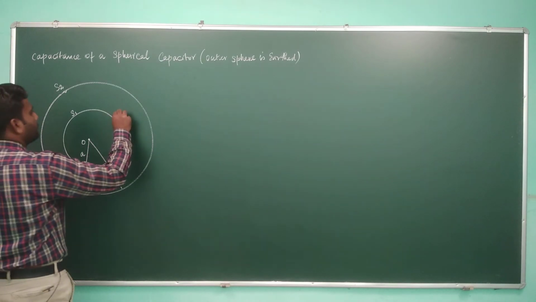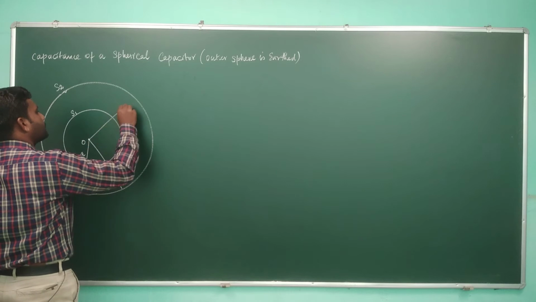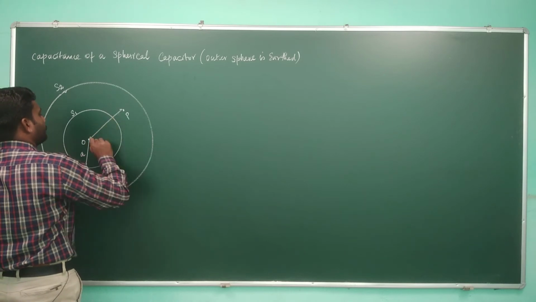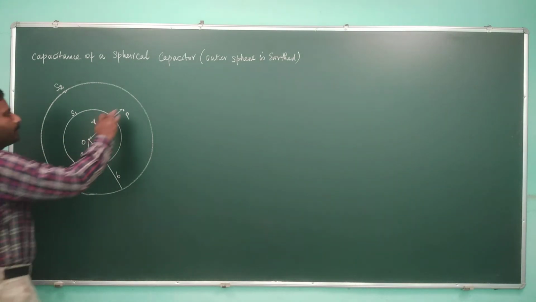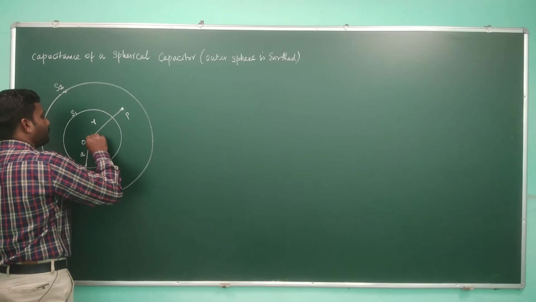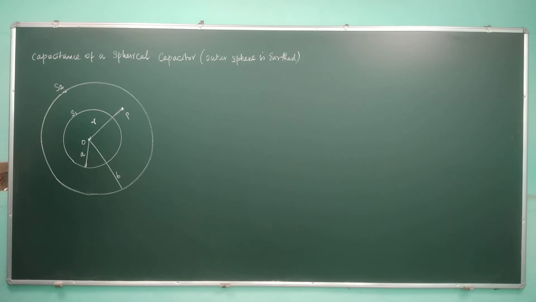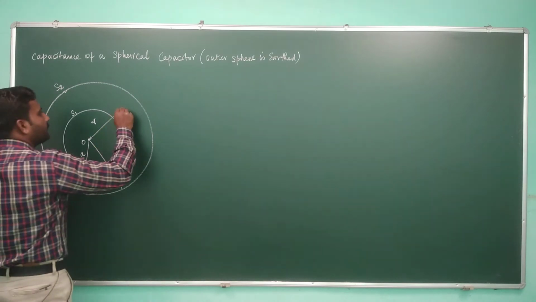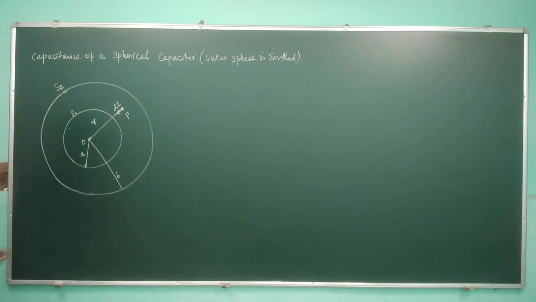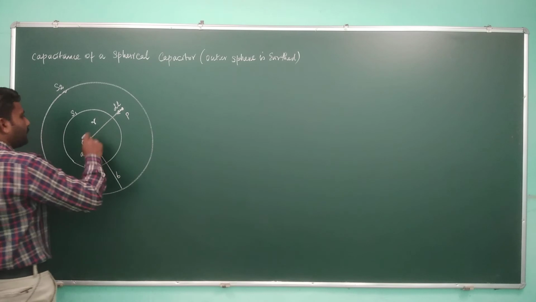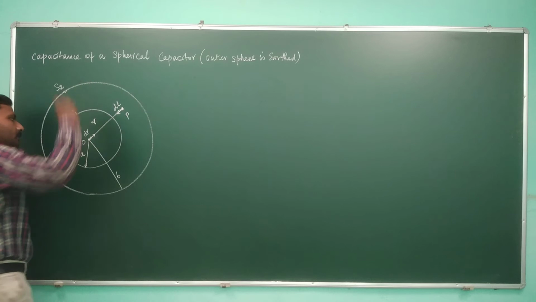Now let us consider a point P which is located at a distance R from the center O. Now we can define the unit length dl which is located towards the origin O, and we can also define a dr component that is located outside.